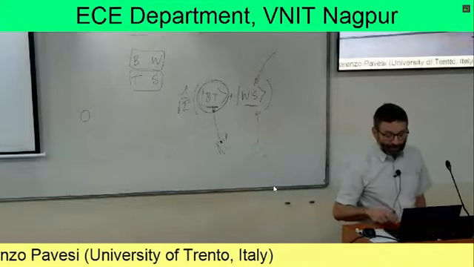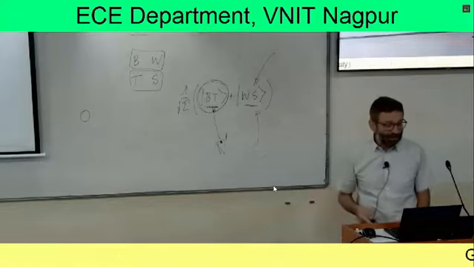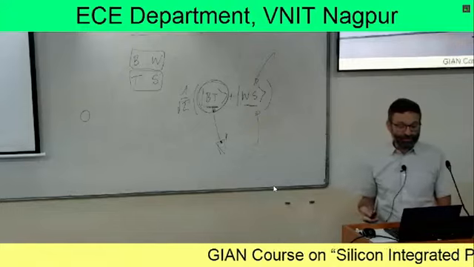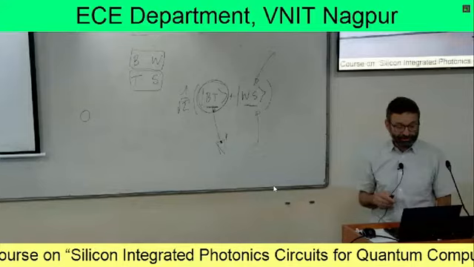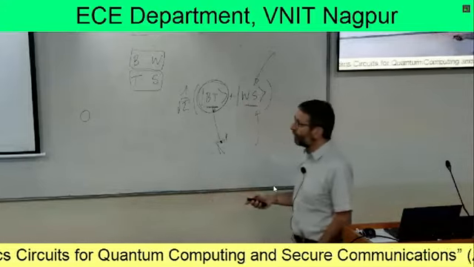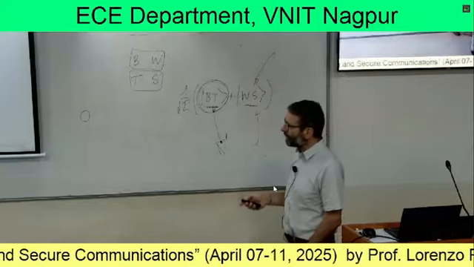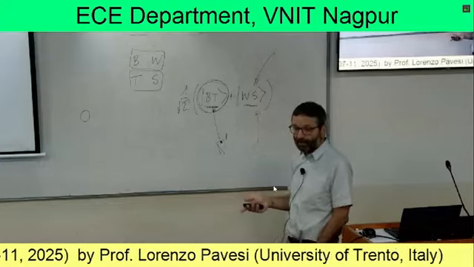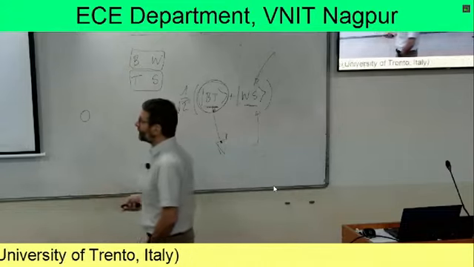So we need a generation stage, meaning that we need lasers and single photon sources, and this is going to be the topic of the next lecture. Then we need a manipulation stage of the quantum photon state, where you have standard photonic components that we already know: Mach-Zehnder, beam splitters, couplers, and things like that.